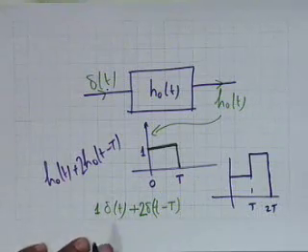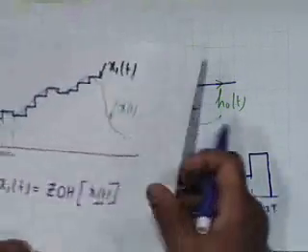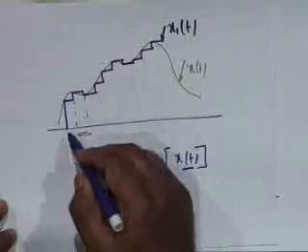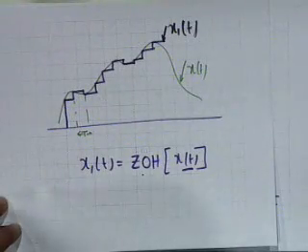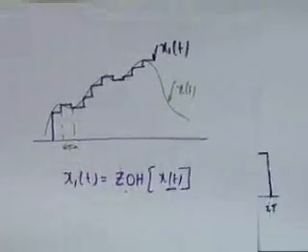Now, don't you see that the ZOH version of x of t is precisely a sequence of such impulse responses, and therefore it follows. If it does not follow, let me know.